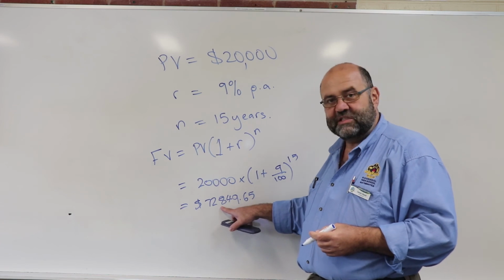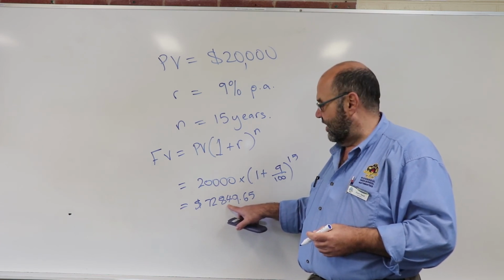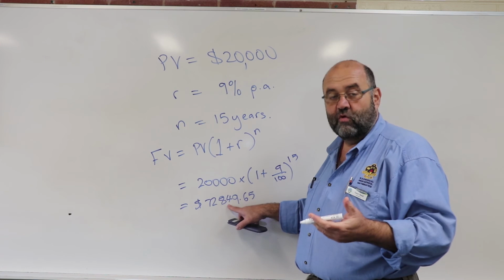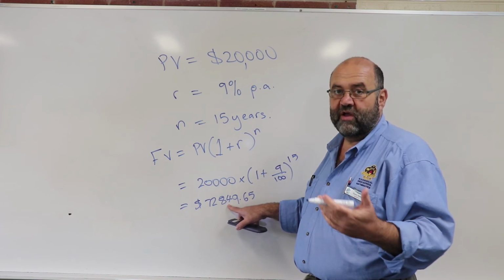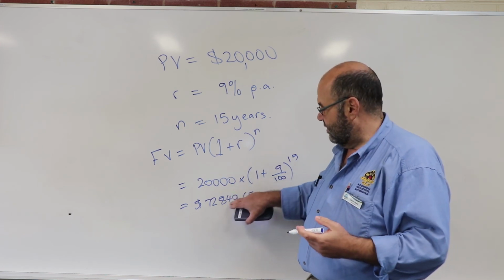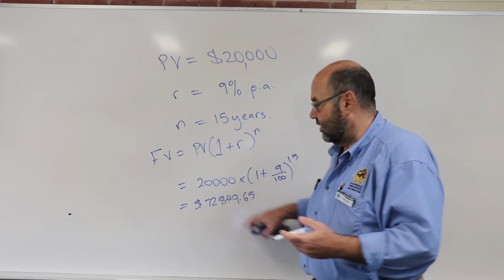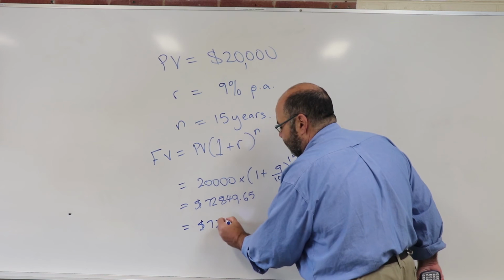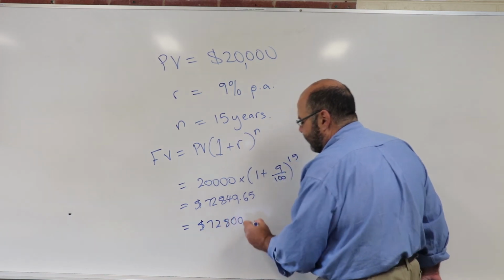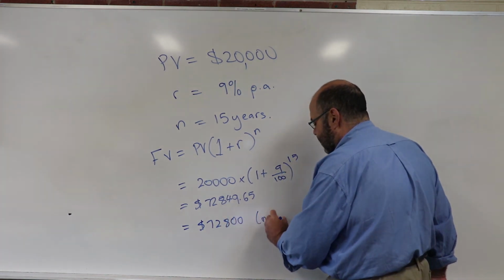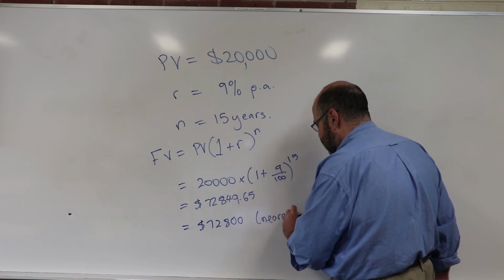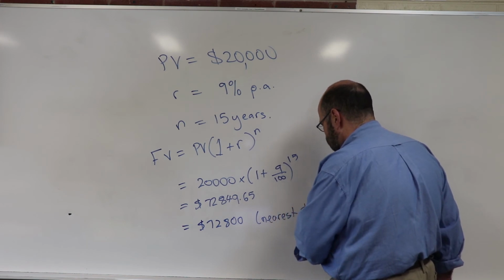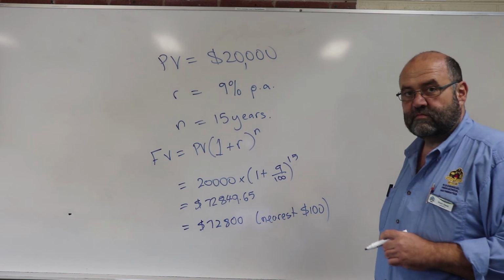So we look at the digit after that. Because that digit is 4 or lower, we round off by just cutting off the 49. So that's going to be $72,800 to the nearest $100.